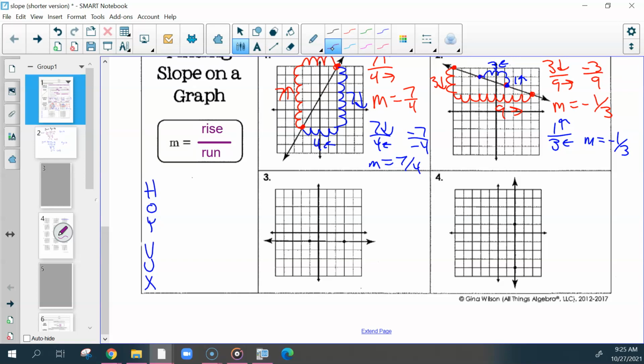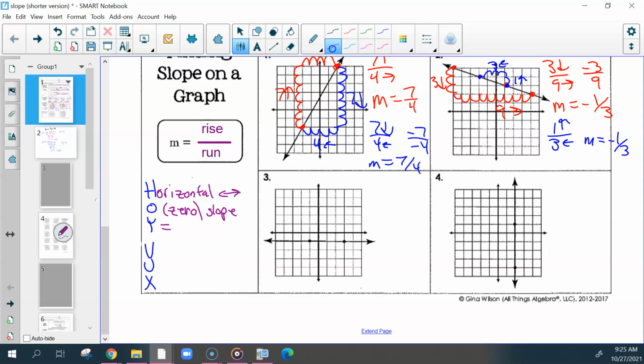When we get into graphing, it'll help you determine which ones are horizontal and vertical. So this is for horizontal lines. So left and right. Horizontal lines have 0 slope. And these are usually a y = equation.